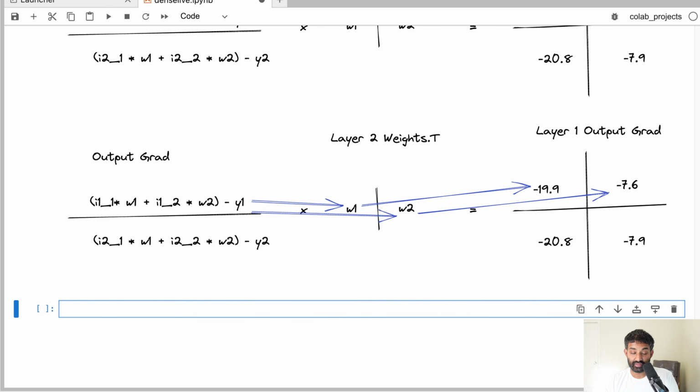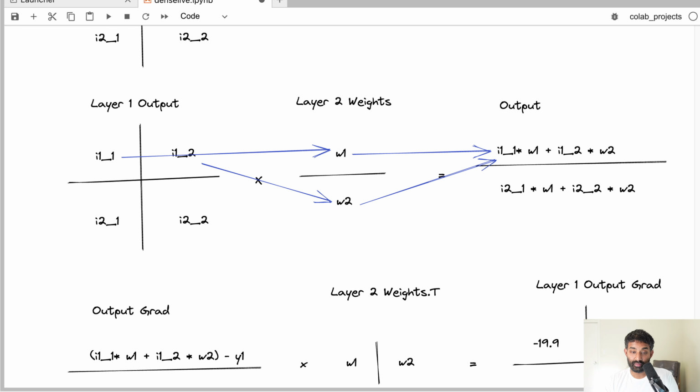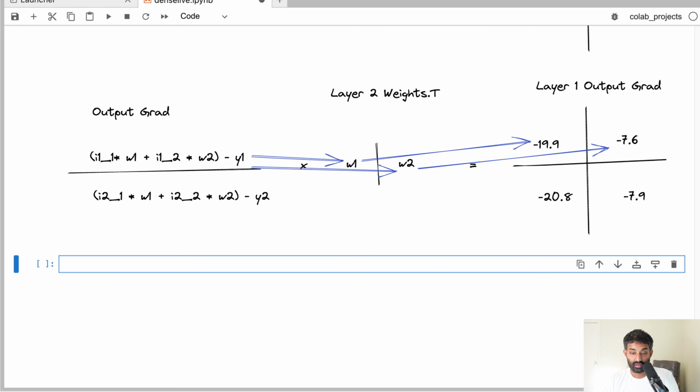So we can see that the first output is connected through the first weight and the second weight to the first and second elements of the first row in layer 1. So this is the exact same thing from here, except now it's in reverse. And this will give us the correct gradient with respect to each of the parameters in the output of layer 1. So let's go ahead and calculate this.